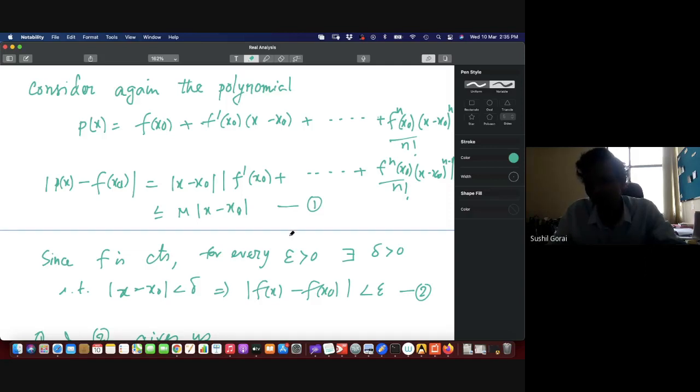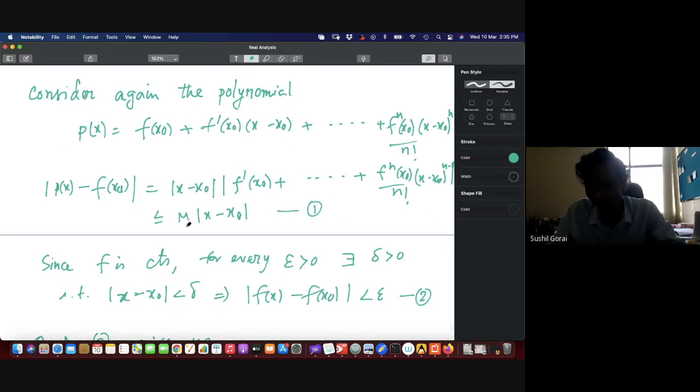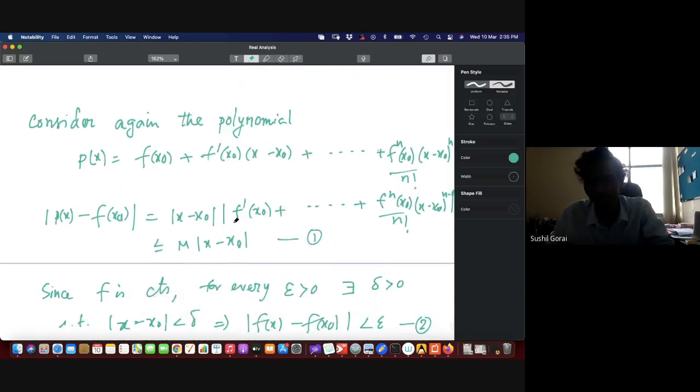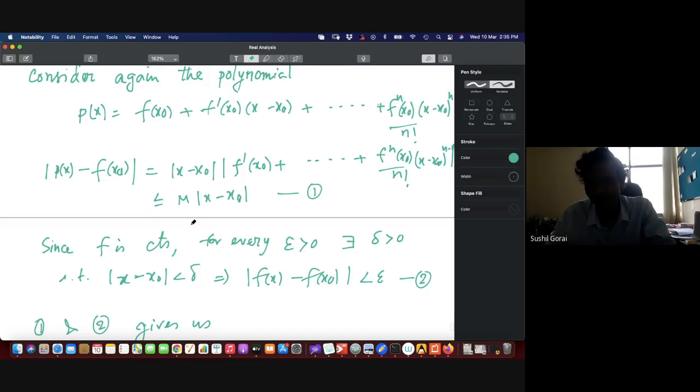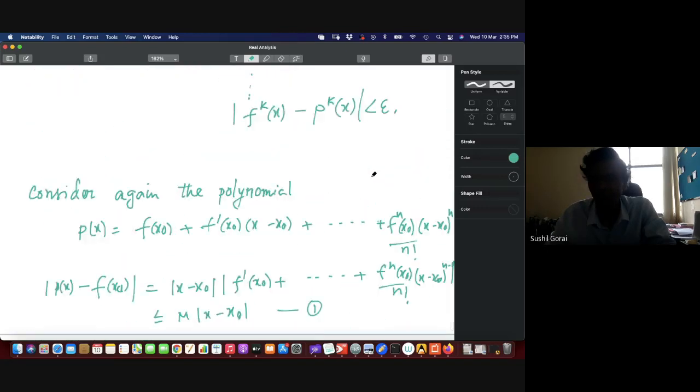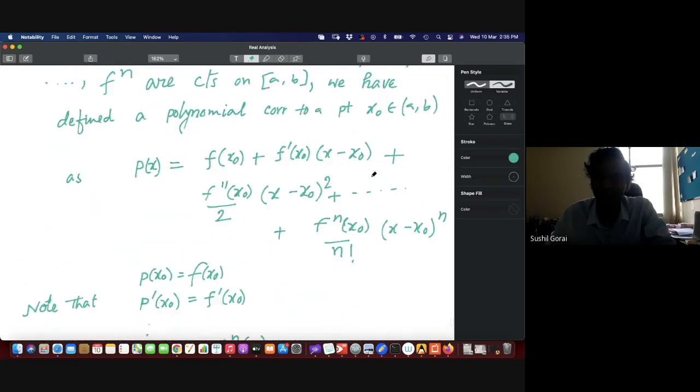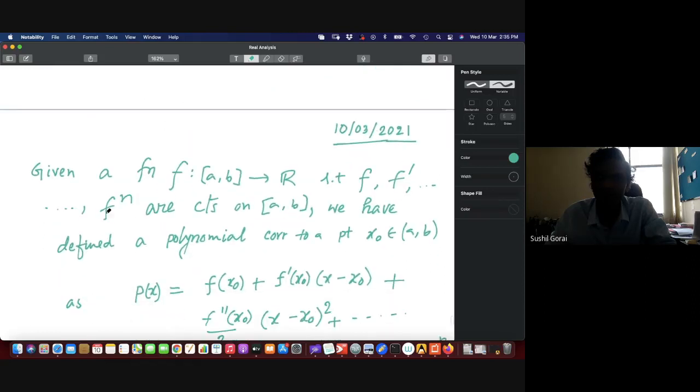So you take a big interval AB and take the bound. There's no problem. So you choose a big interval where x naught belongs to AB, let's say, where f is defined, and this would be bounded. Clear? Because what our assumption for the approximation is, these are all continuous on the interval AB.